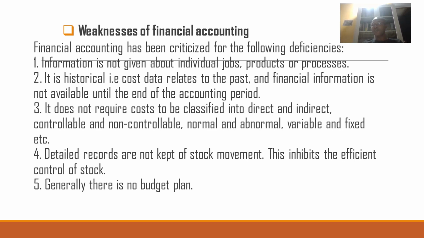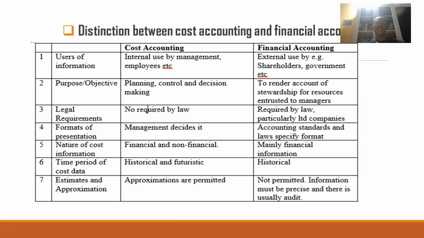So all of those things put together make financial accounting have some weaknesses. And for a business that is futuristic, that wants to make profit, that wants to meet its targets, you need a discipline that will help you to achieve all of those things. So that is part of the reason why we are studying cost accounting.